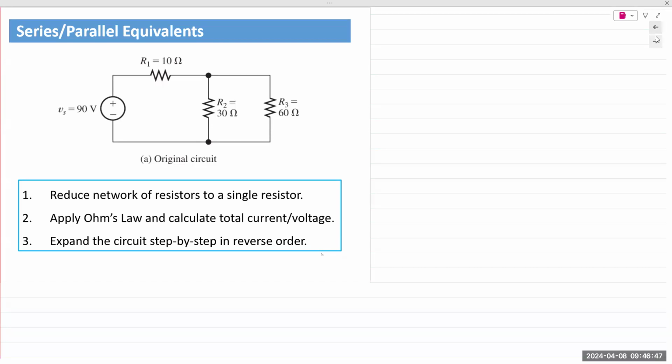So now the question is, which terminals we use to determine Req? Well, to do that, what we have to do is we remove the source from the circuit. In this case, we have a voltage source Vs. We remove the voltage source Vs from the circuit, and we determine Req from the perspective of the source.